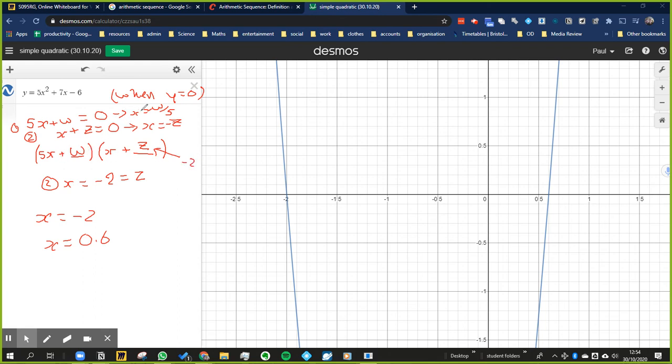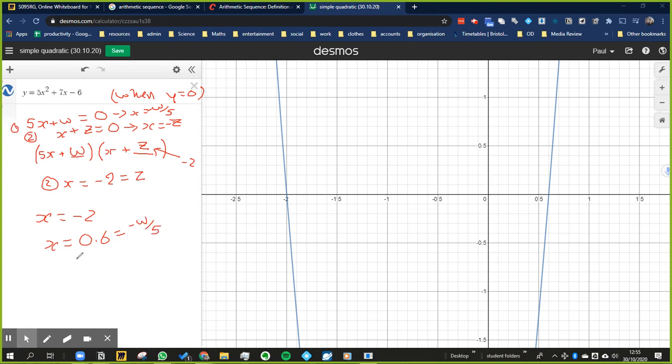5x plus w is equal to 0. So x is equal to -w over 5. But x is also equal to 0.6. So that's equal to -w over 5.